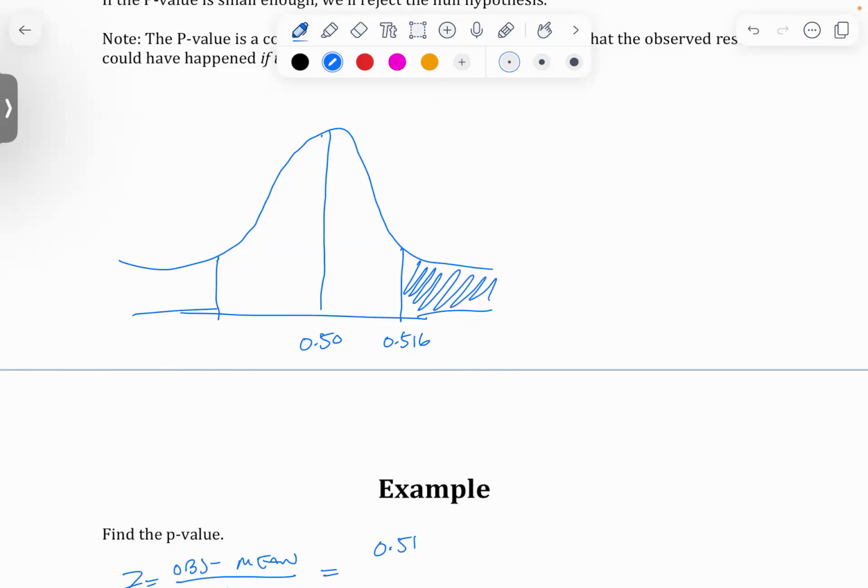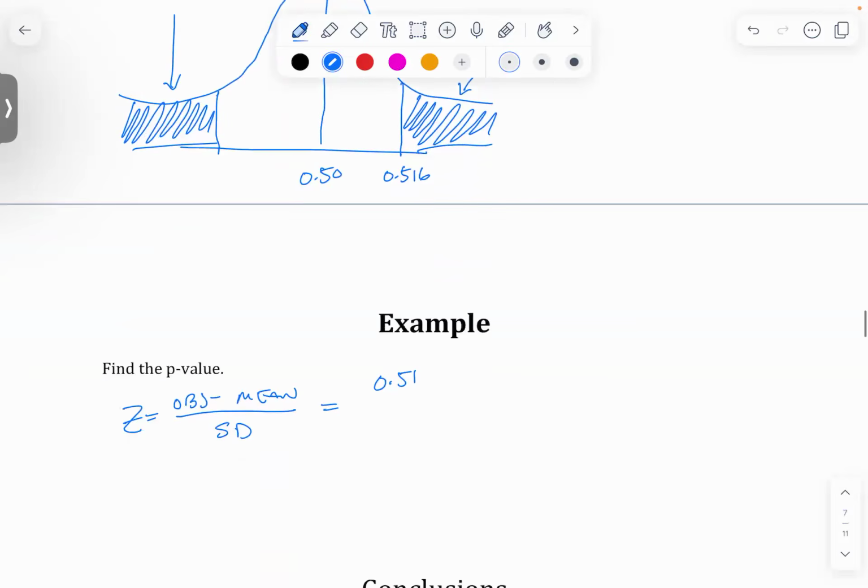Because our alternative hypothesis is not equal to, our picture is shaded on both sides, so we first find this top shaded area. Since the normal model is unimodal and symmetric, to find the bottom shaded area all we have to do is multiply that value by 2.